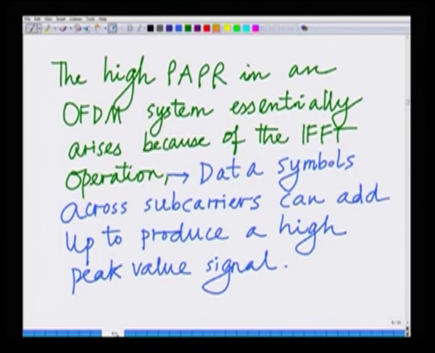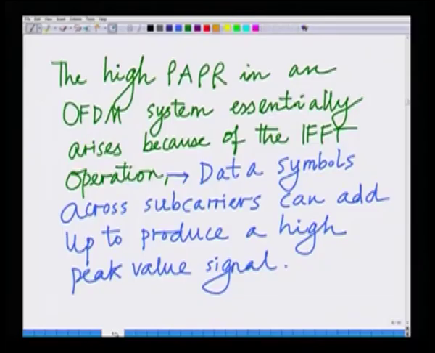Because the high peak power arises from the IFFT that is being performed in OFDM, which can occasionally result in a high peak value signal. Because the symbols are being combined in the IFFT, they occasionally produce a high peak value signal, which significantly deviates from the mean value of the signal. Hence, the peak deviation is much higher over the mean.